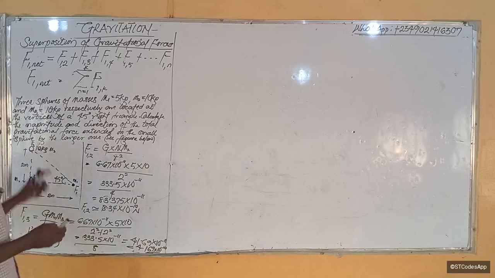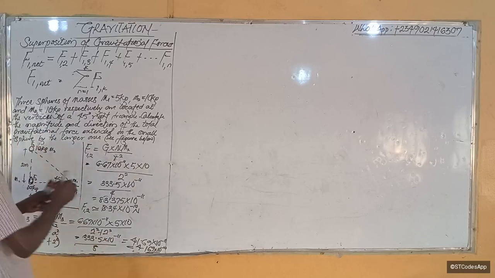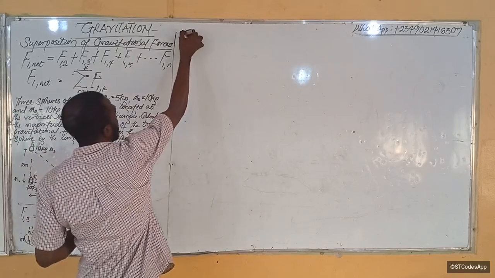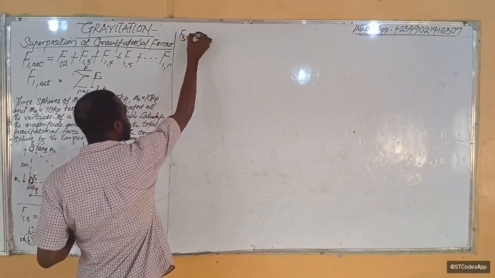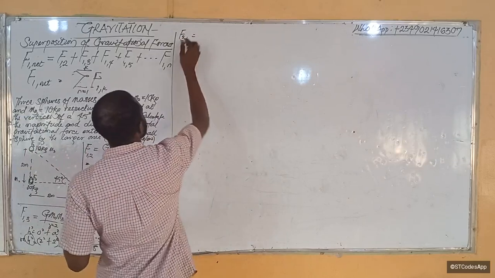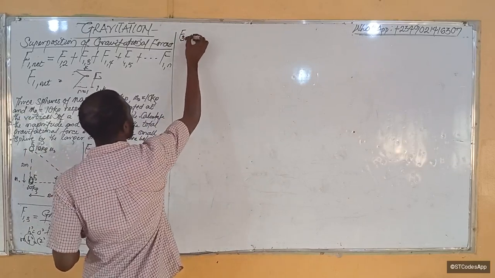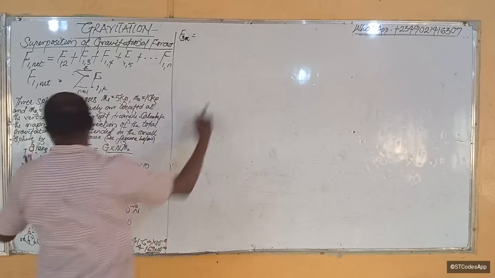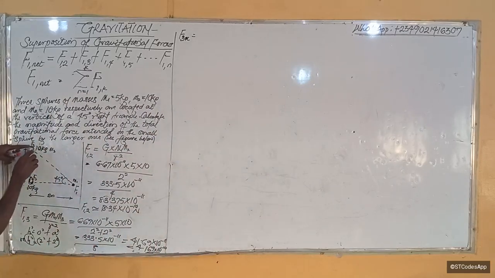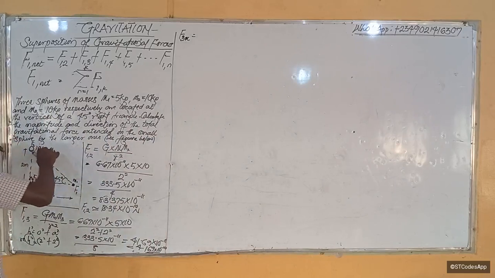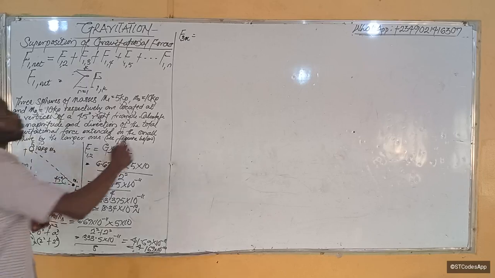So what will be the x component of F3? Let's call it F3x. To resolve it to x, we are closing this angle, right? So it will be F3x.